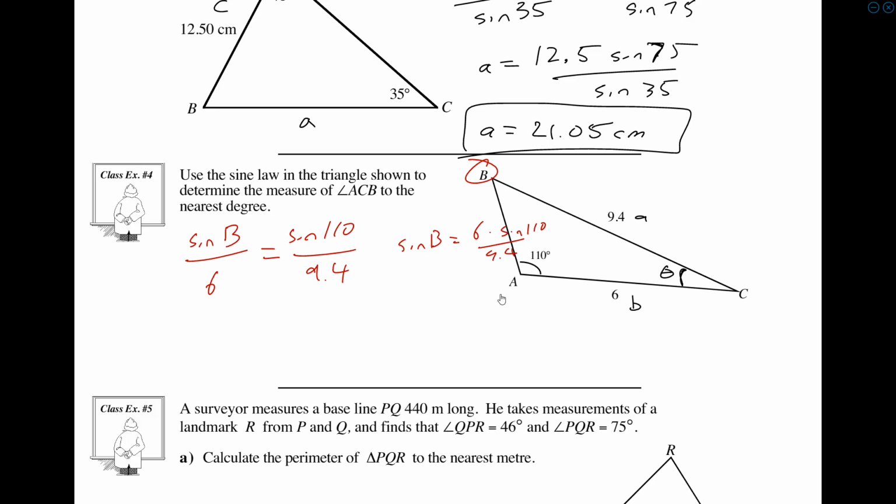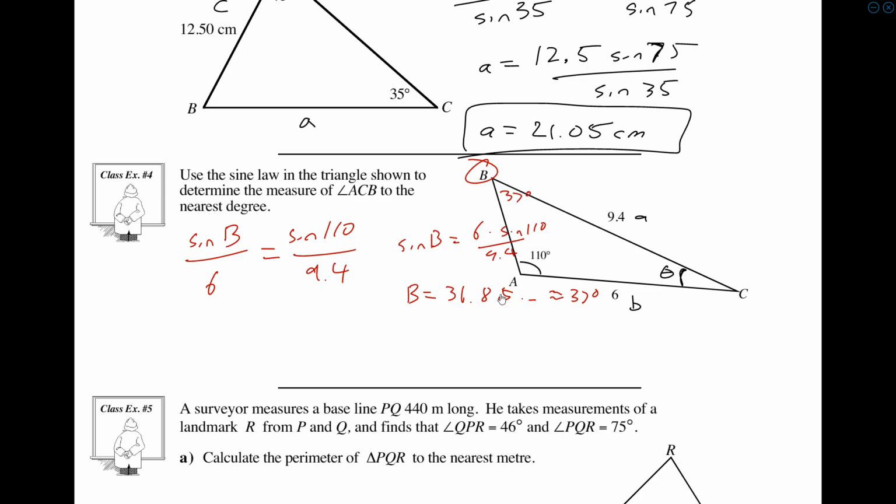So B equals, it asks for the nearest degree, so I can just say this is 36.8, approximately 37. And this is 37 degrees.